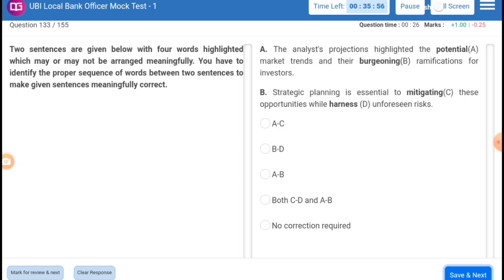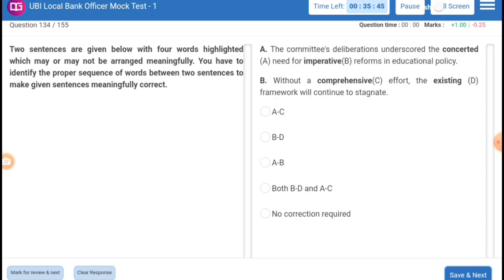And their strategic planning is essential to. So I think DNC. And the committee's deliberations underscored the.